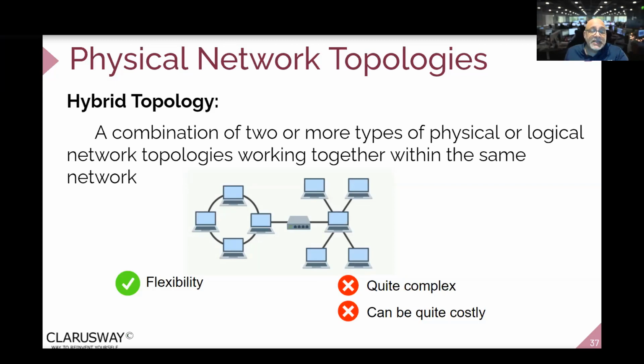The scalability of hybrid setups makes them well suited to much larger networks. And you can bring in, like I said, legacy networks into a hybrid topology. You don't have to go and rearrange or redo all of your networking in one network just to make it conform with the topology of another network. You just combine them using some kind of a network node, a router, or switch to take care of that. But that's where some of the flexibility comes into play.